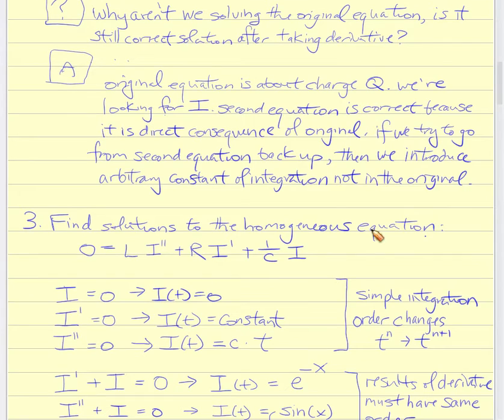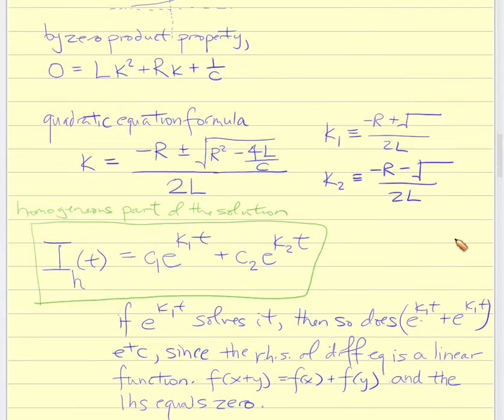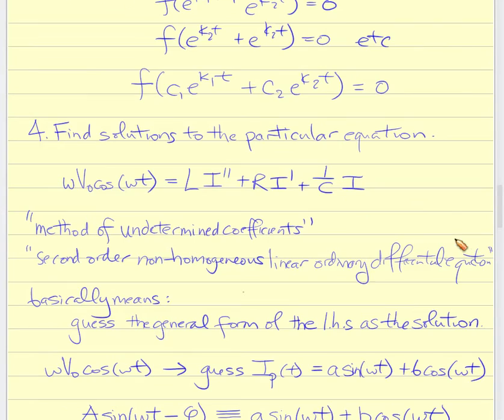So we set up the equation we need to solve for I, and this is starting the differential equation solving part. It's going to involve solving two different equations that are related. So they're not really that much different. This procedure has a name, and it goes by the name of method of undetermined coefficients.